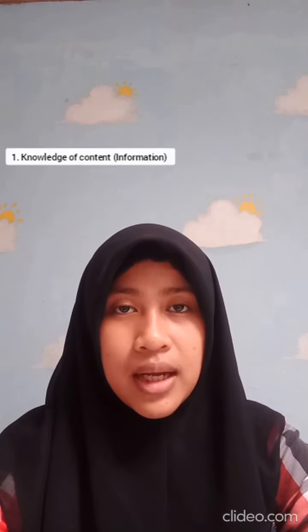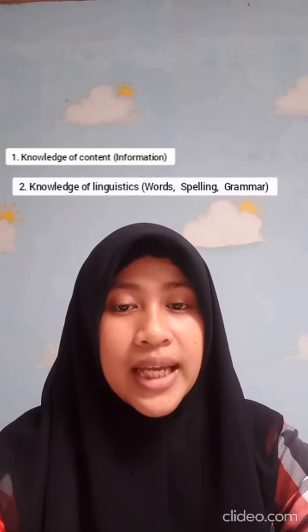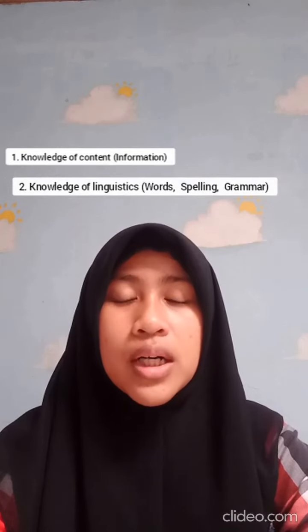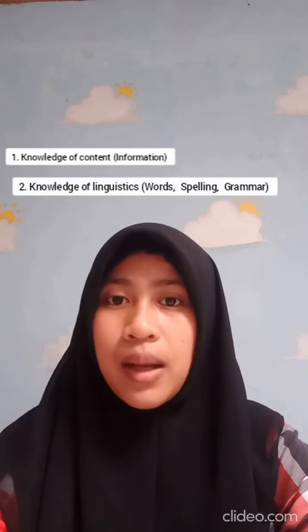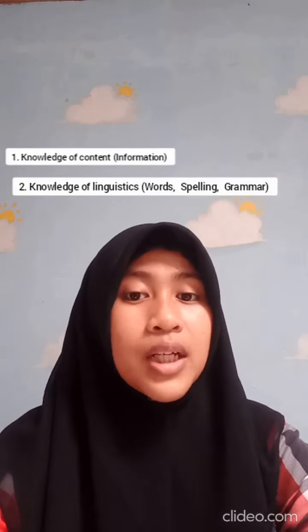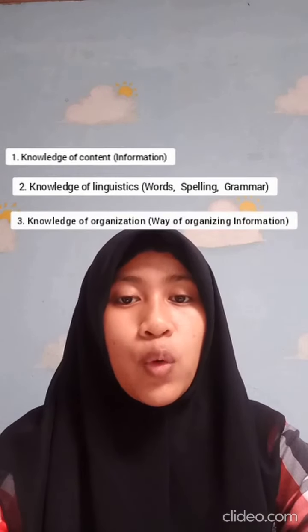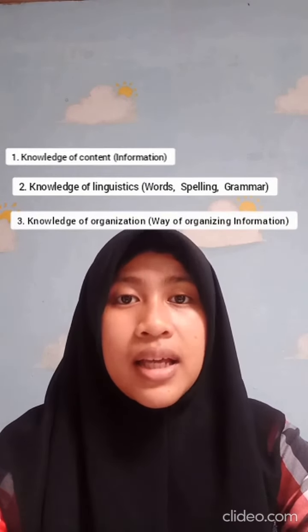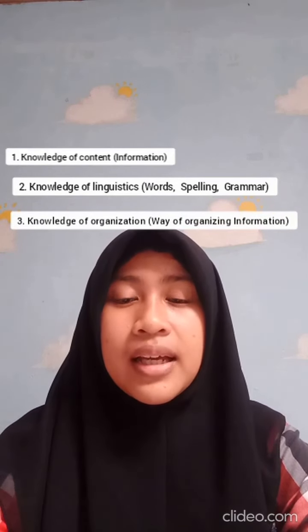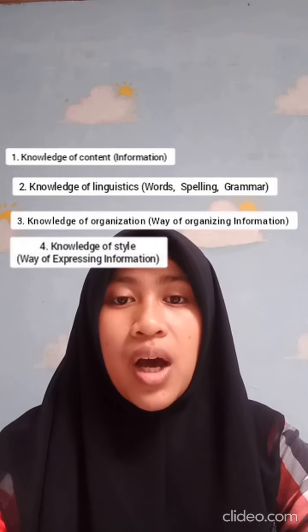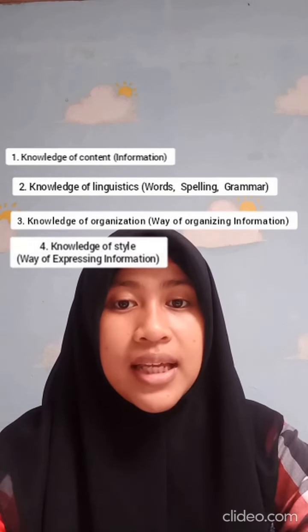There are 4 types of knowledge, namely knowledge of content or information, knowledge of linguistics such as words, spelling, grammar, knowledge of organization, way of organizing information, and knowledge of style, way of expressing information.